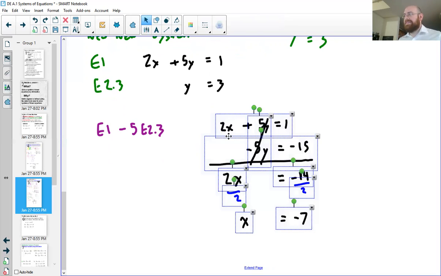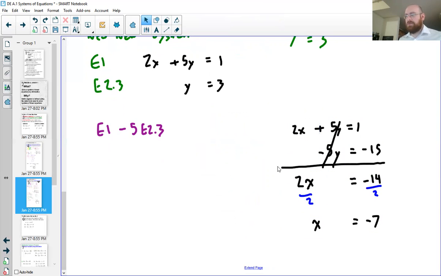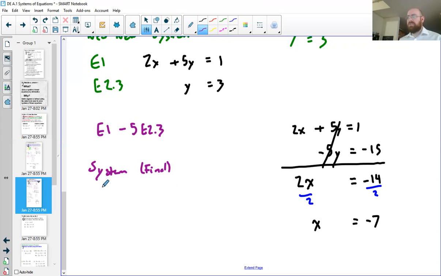So in a sense, we have now finished our question because we have solved for what y and x are both equal to. But I want to show you what this looks like if we write it as, let's call this our system, and I'm going to put final in parentheses.